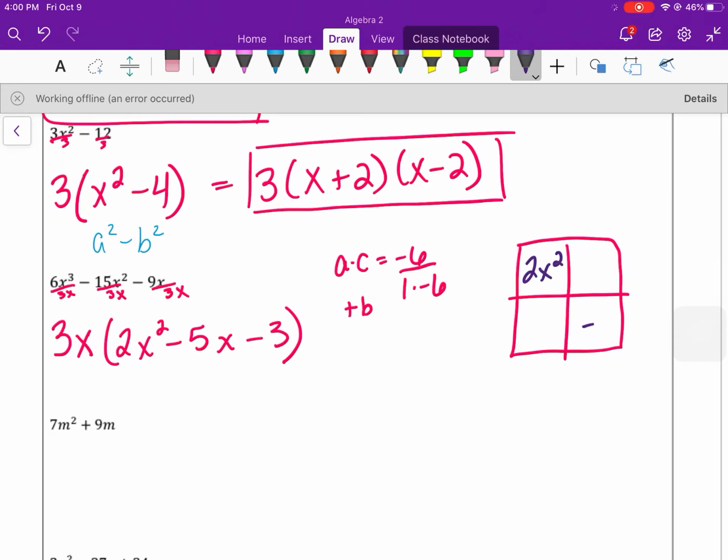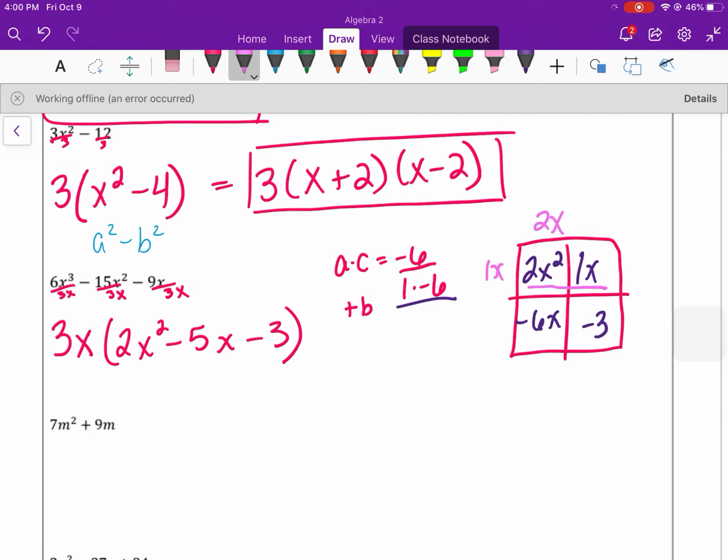So you put your 2x squared here and your negative 3 here. The box method, like I said, is my preferred method, so that's what I'm going with here. Then you put these in your diagonal, 1x and negative 6x. Then you fill out the outside of the box using those numbers. So to get 2x squared, here, what do 2x and 1x have in common?